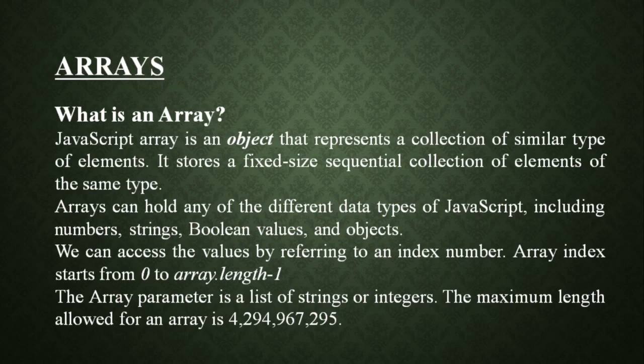An array can hold different types of JavaScript values, including numbers, strings, boolean values, and objects. For referring to these values, we use an index. The index starts from 0 to array length minus 1. Array parameters is a list of strings or integers. Here I specified the maximum length allowed for an array.